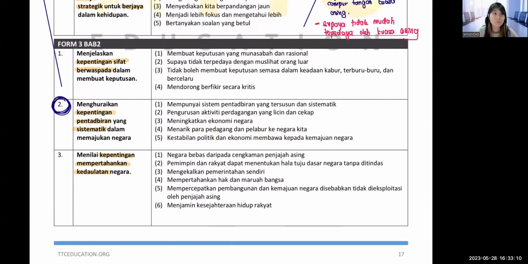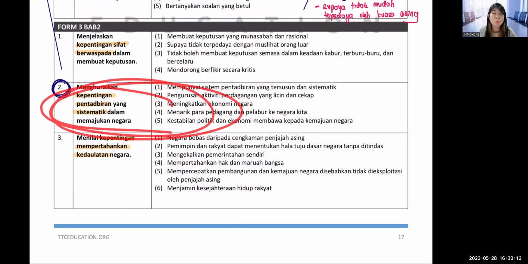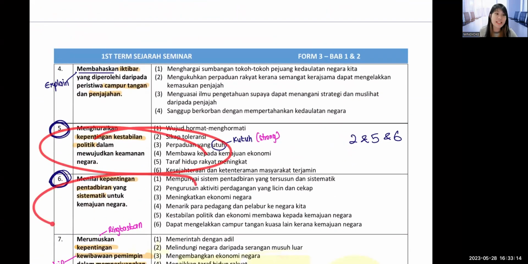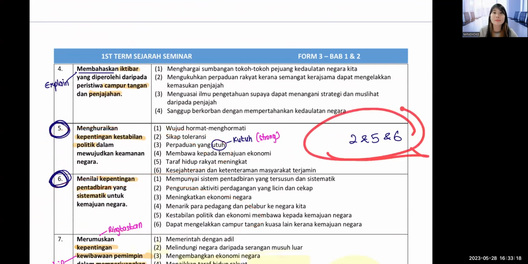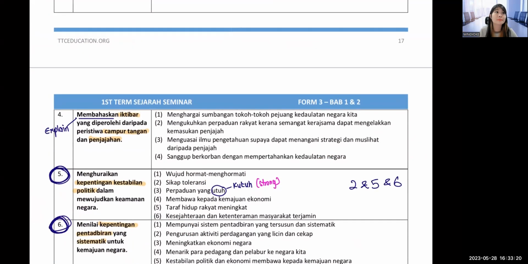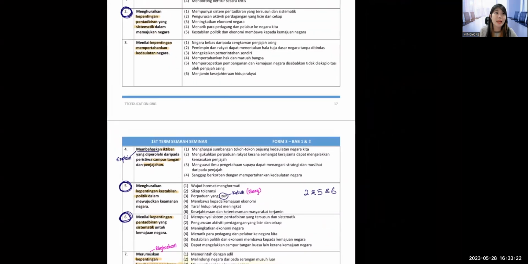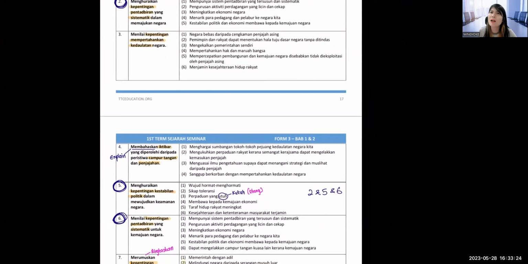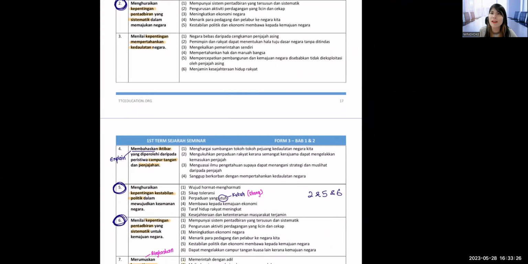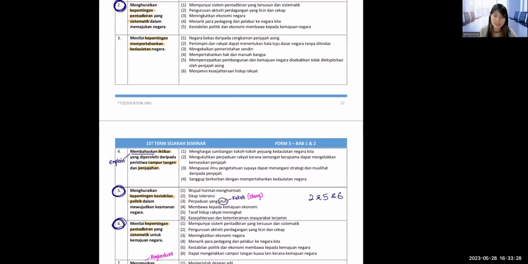Guys, look, this question 2 and this question 5 and 6 can be the same answer. Meaning 2, 5, 6 can be together. You may say, huh? What's the connection? The connection is same. You see, kepentingan pentadbiran sistematik, kepentingan kestabilan politik is pentadbiran.